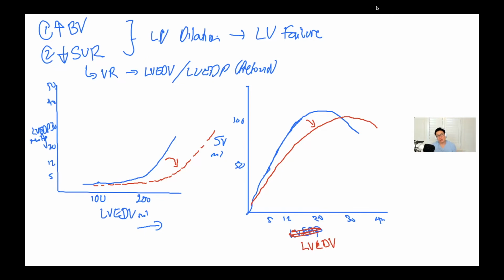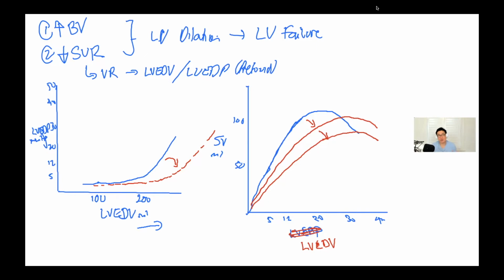But the problem is that this is pathological. And so what happens is that as the left ventricle becomes more and more dilated, it moves the curve further and further down and leads to left ventricular systolic failure.